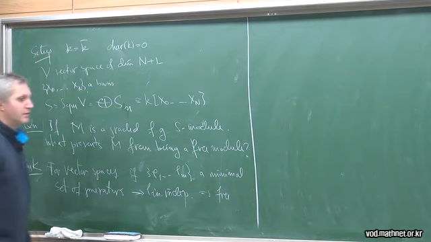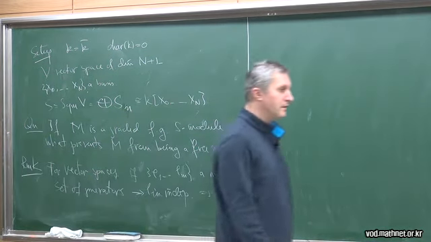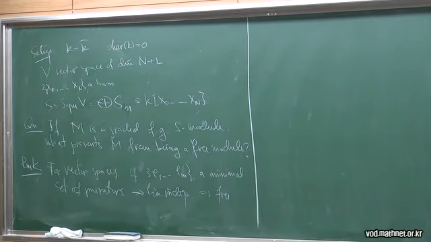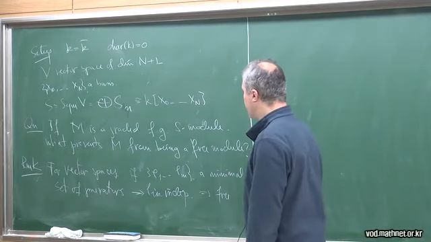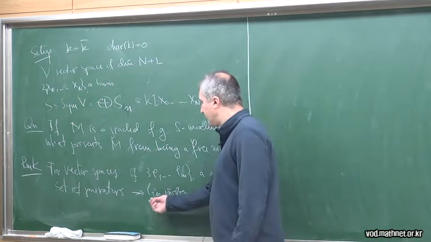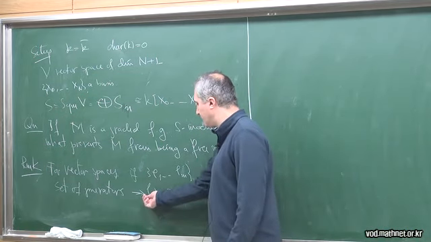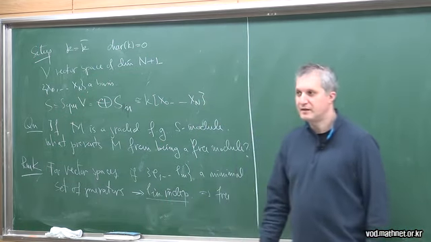But for modules in general, that's no longer true. Since M is finitely generated, we can always talk about a minimal system of generators. So what makes the difference between vector spaces and modules is this linear independence.